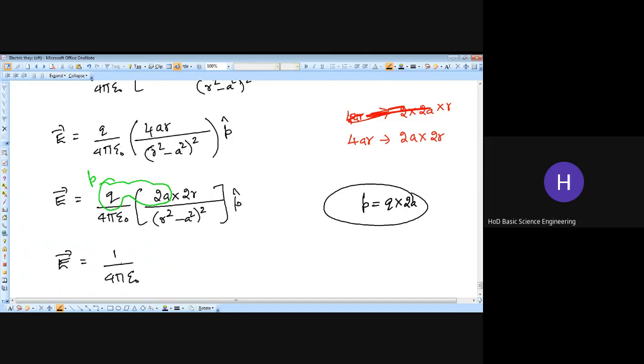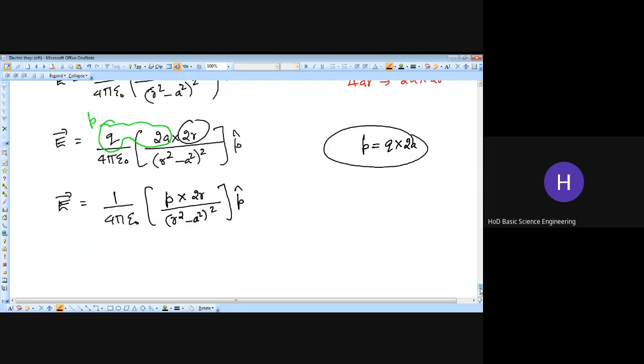Therefore, here only 1 by 4 pi epsilon naught is left, and inside the bracket I will write P, the dipole moment, into the remaining term: 2R divided by (R square minus A square) whole square into P cap.